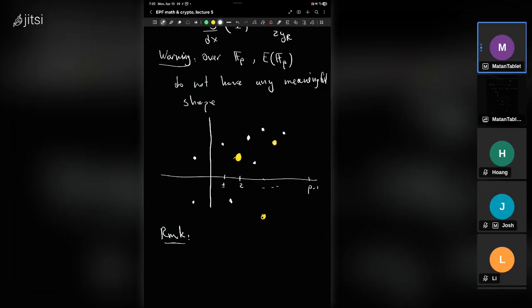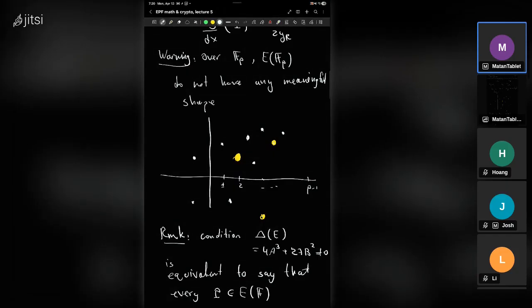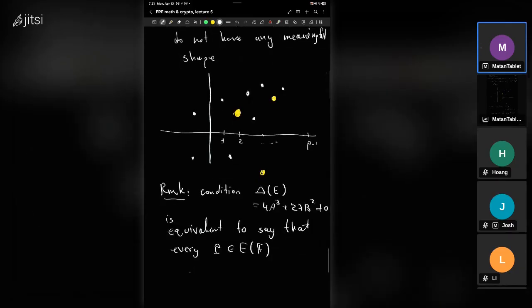The condition that Delta E, the discriminant of E, which is 4A cubed plus 27B squared, is not equal to 0, is equivalent to saying that every P in E(F) admits a well-defined tangent line.